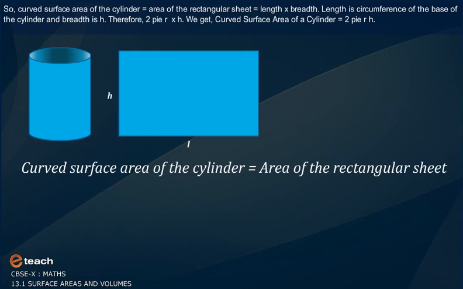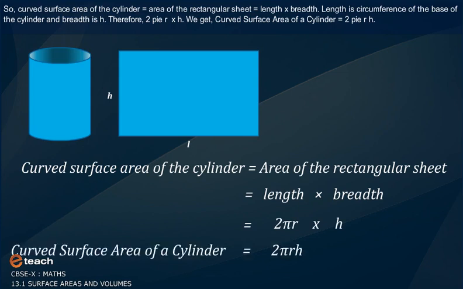So, the curved surface area of the cylinder is equal to the area of the rectangular sheet, which is length into breadth. Length is the circumference of the base of the cylinder and breadth is H. Therefore, 2 pi r into H, we get the curved surface area of a cylinder is equal to 2 pi r h.